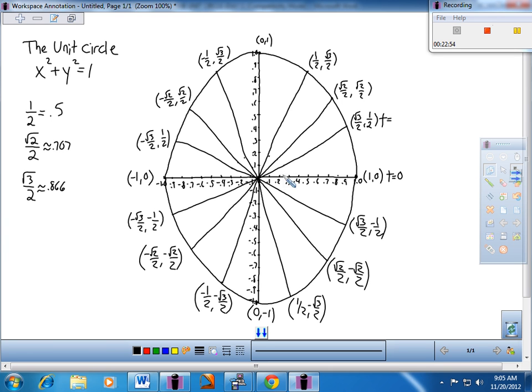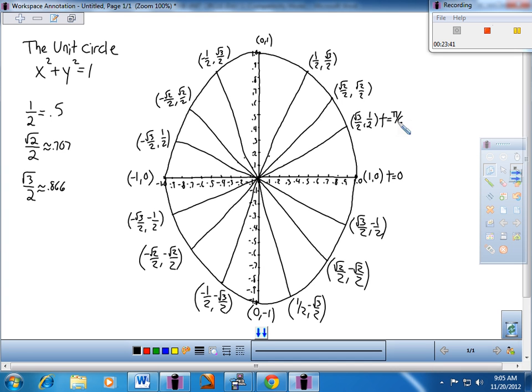Remember, I had you draw this angle as exactly 30 degrees, and you should know at this point that 30 degrees is exactly pi over 6 radians. If this is pi over 6 radians, then this is pi over 6 units on the circle. So t right there is pi over 6.